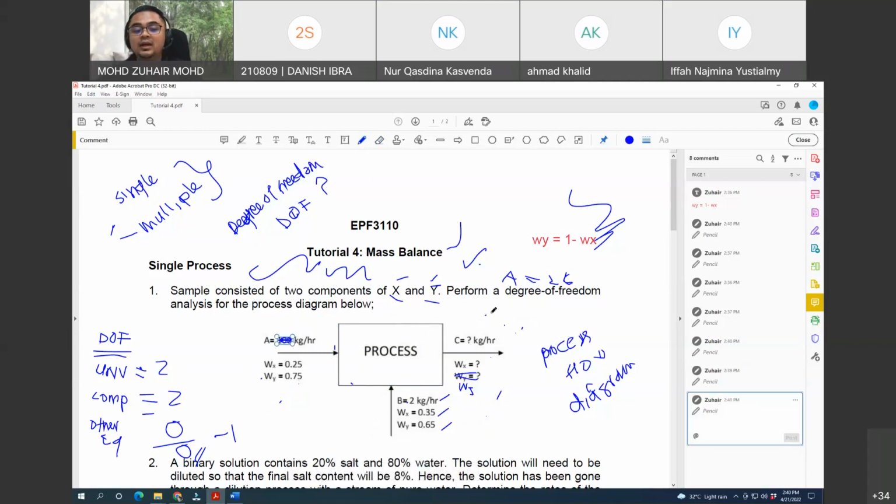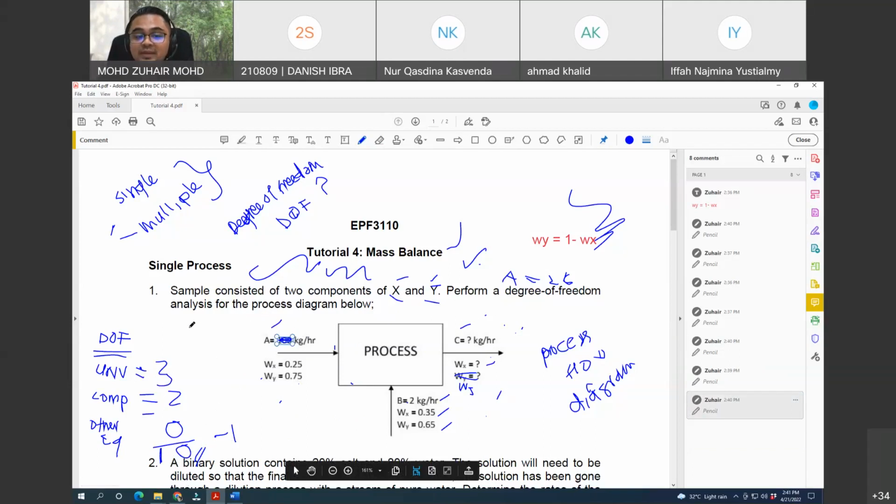The question did not provide you with the A value. So now we have unknown variables of 1, 2, and 3. We have 3, so 3 minus 2 minus 0, we're going to get 1. So 1 is undefined. We cannot solve the mass balance because the degree of freedom analysis is 1.